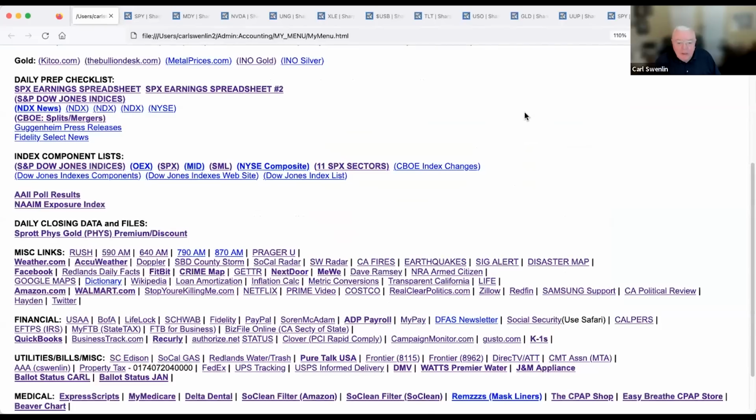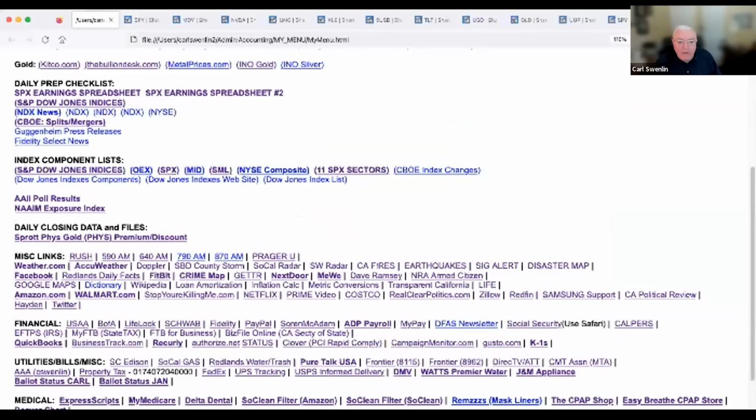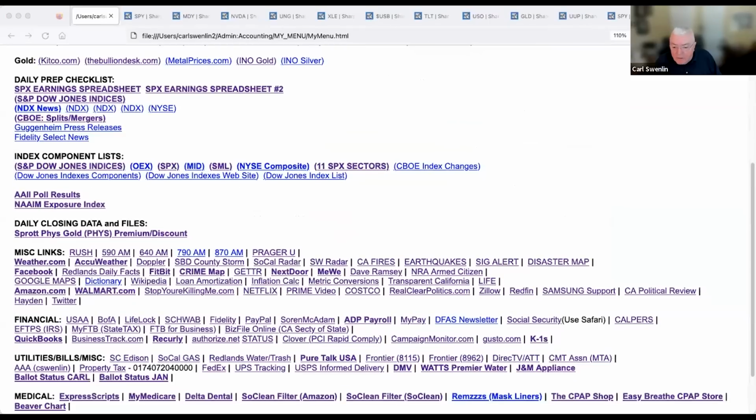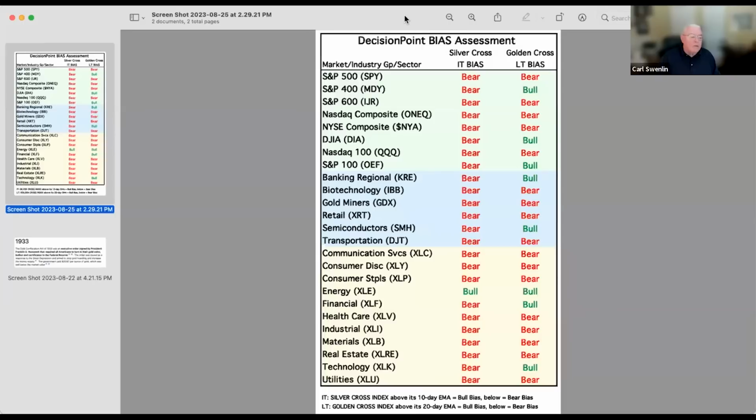Next, I want to go into a new feature that we have on Decision Point. In our Decision Point Alert, we have a new table that summarizes a bias assessment for the market index, industry groups, and sectors that we track, and whether they have a bias that's bearish or bullish.